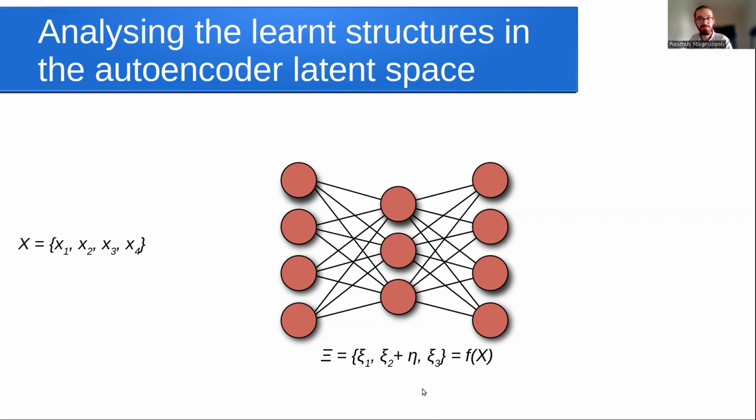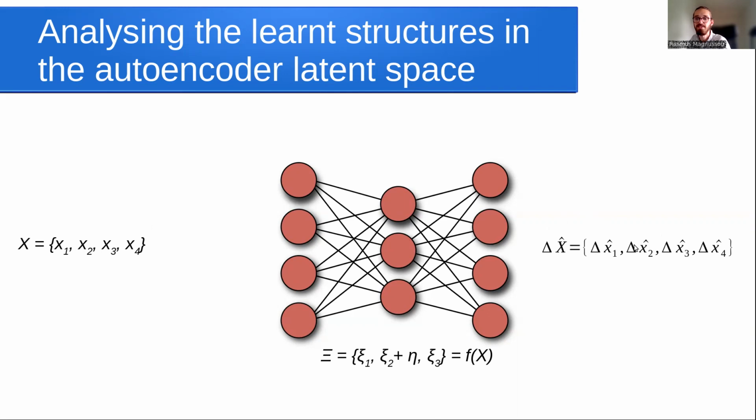I call this addition eta, and basically you perturb the latent space and observe what happens on the output when you recreate. Then you can compare this delta x1, that is the change between x1 hat and x1 from the beginning, and delta x2 is the change between x2 hat and x2.